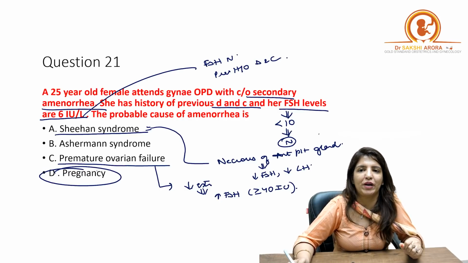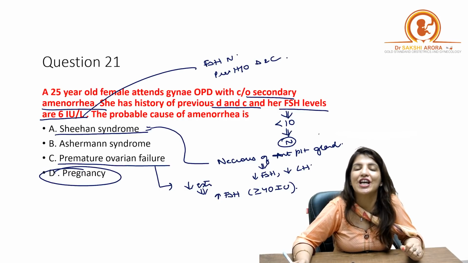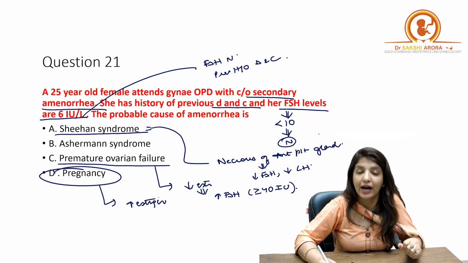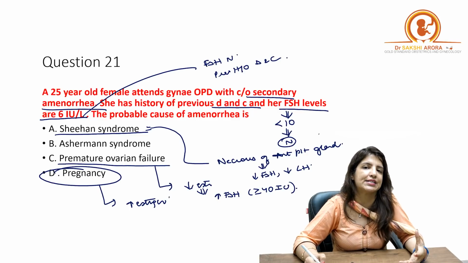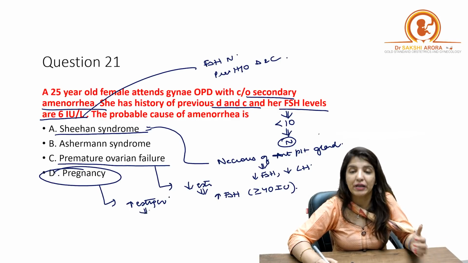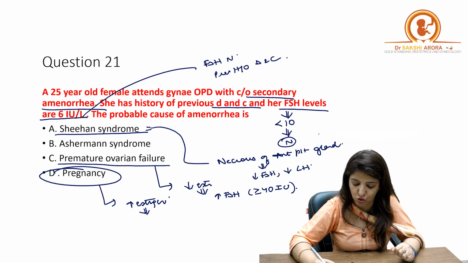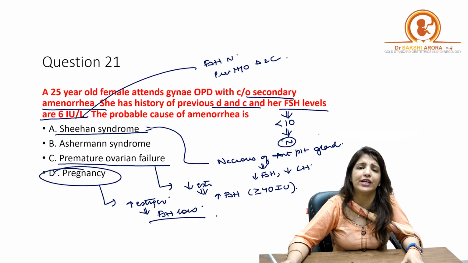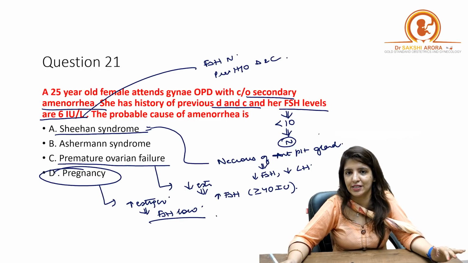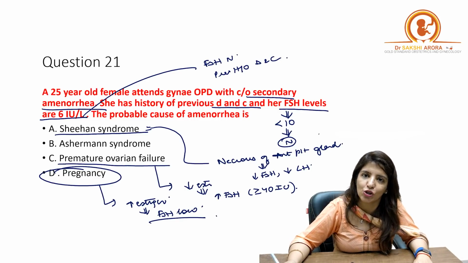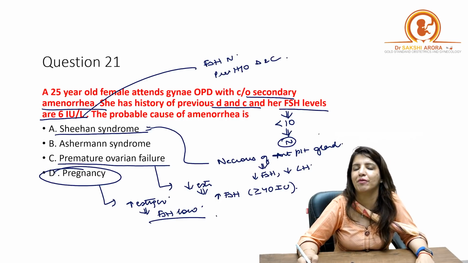In case of pregnancy, what happens to LH and FSH? The levels of estrogen are high, right? The placenta is synthesizing estrogen, and because estrogen is high, there will be a negative feedback on FSH, so the levels of FSH will be low. The levels of FSH and LH are low throughout pregnancy, and that is why it cannot be a case of pregnancy also. Right, so we are left with Asherman syndrome.